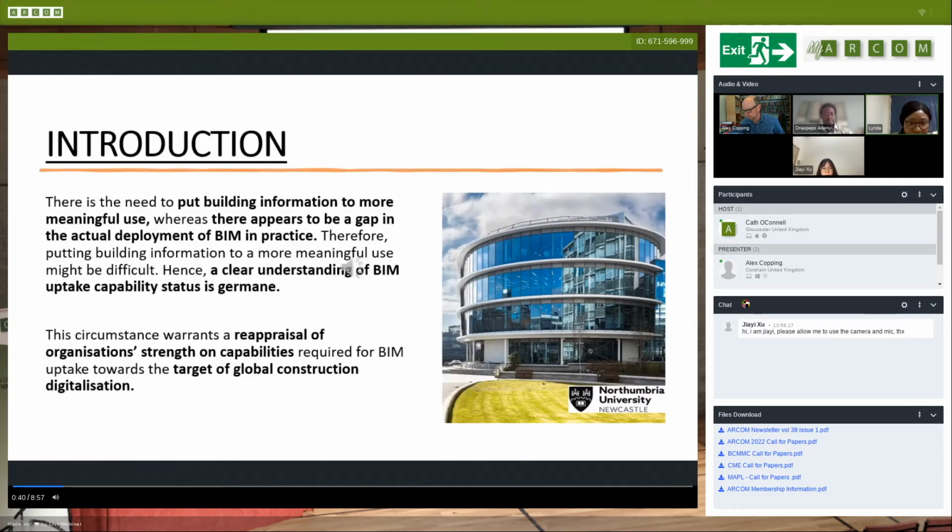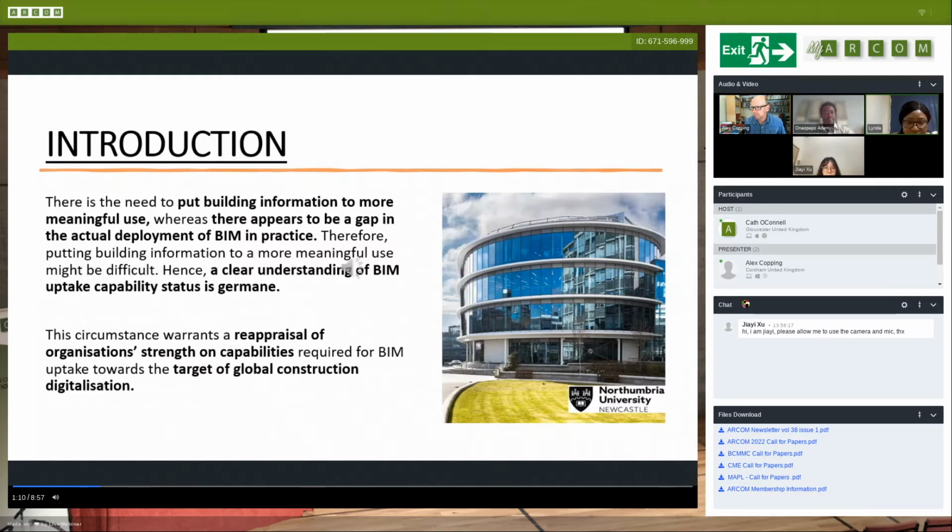Indeed, there is the need to put building information to a more meaningful use, but there appears to be a gap in the actual deployment of BIM in practice, especially among small and medium-sized organizations and developing nations or low-income countries. Therefore, putting building information to a more meaningful use might be difficult.